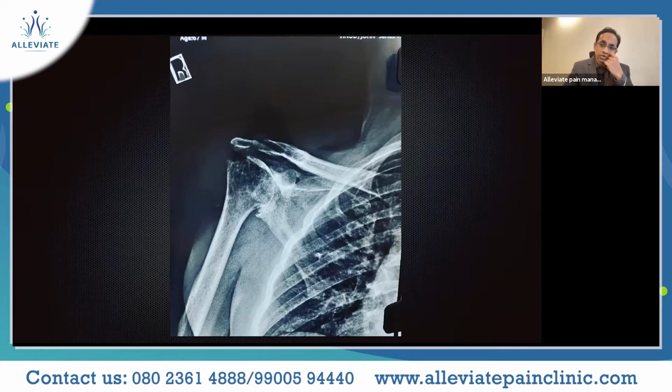What you're looking at over here is a patient who presented with rheumatoid arthritis. He had rheumatoid arthritis over his fingers. There was a lot of deformity as well. And then the shoulder joint has undergone this much amount of destruction. So rheumatoid arthritis, remember, is always a destructive kind of disease.